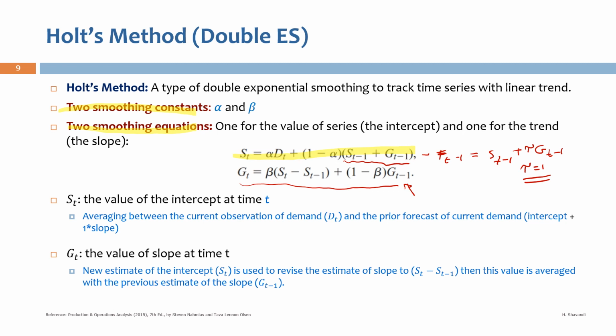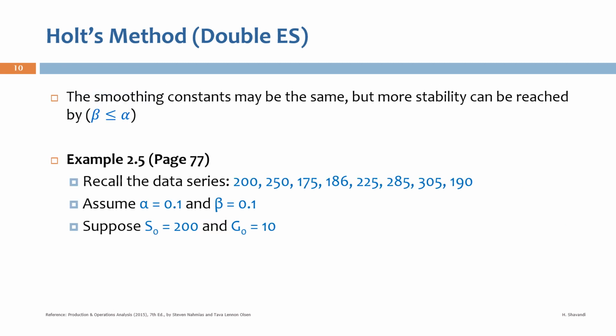The smoothing constants alpha and beta could be the same, but more stability can be reached when we have beta less than or equal to alpha.